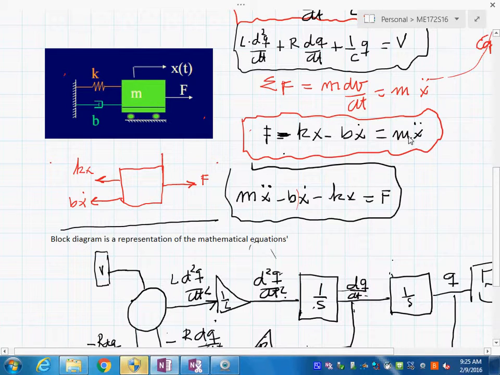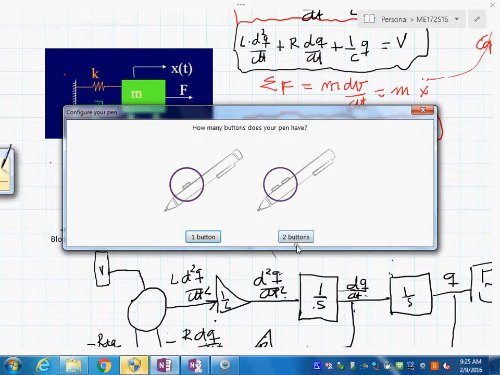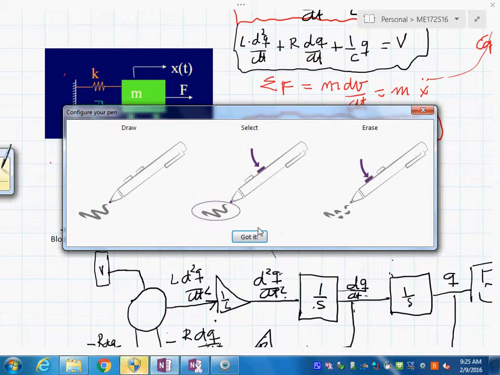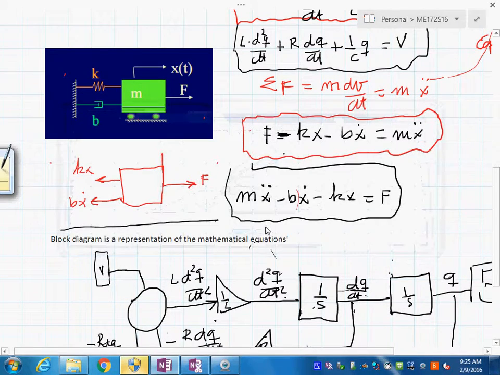What is important here is to realize that the two differential equations that you see on the screen are second order differential equations.